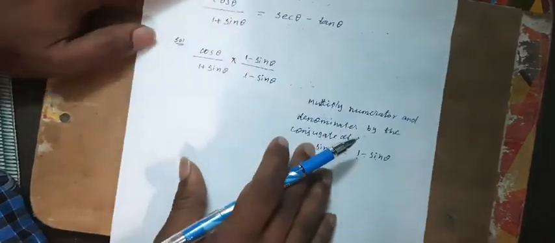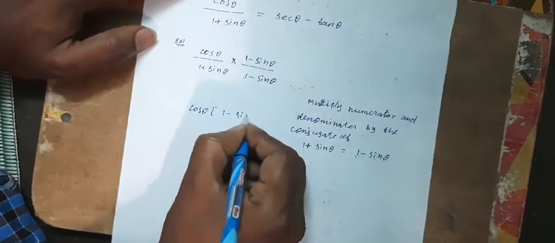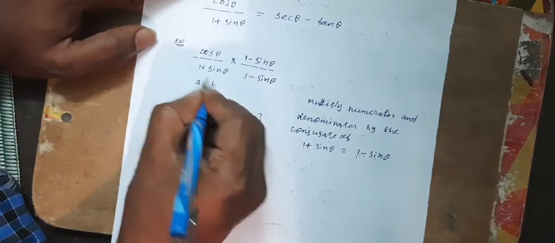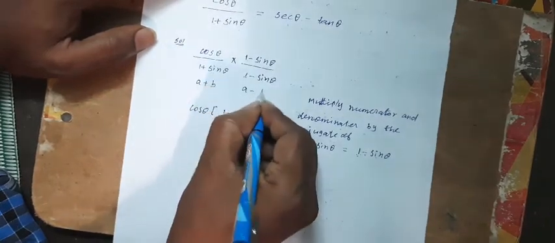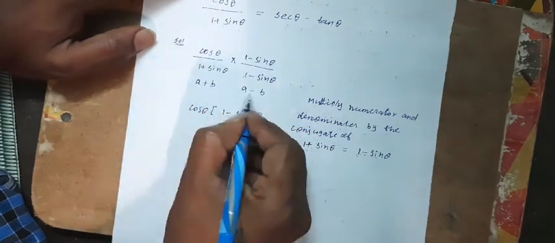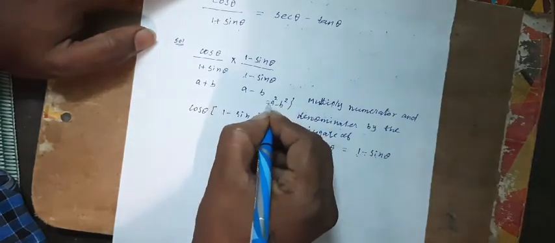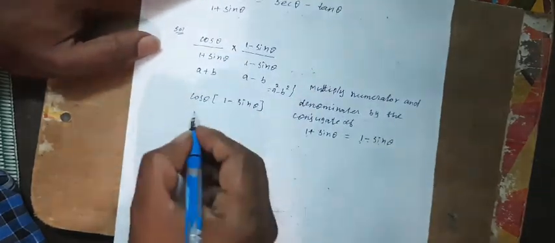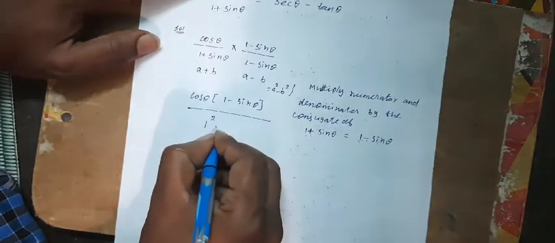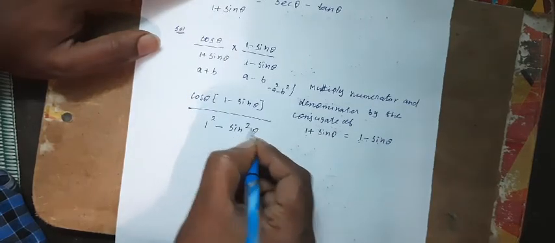Next we get cos theta into 1 minus sin theta. This is the numerator, and for the denominator we can apply the formula a plus b into a minus b, which you know is a square minus b square. Now substitute the formula here: a is 1, so 1 square minus b, which is sin square theta.